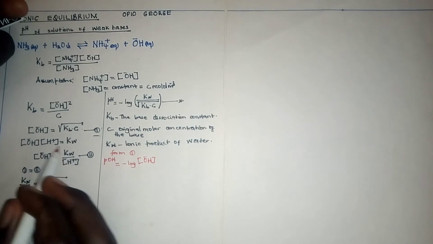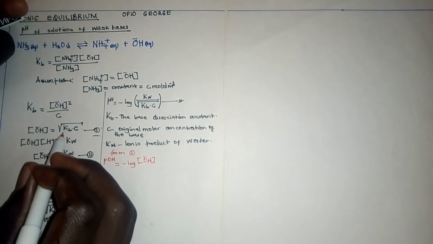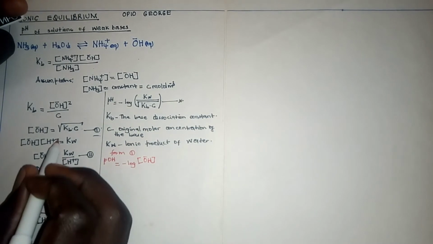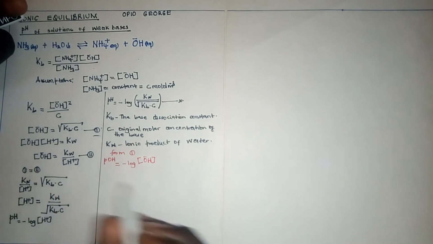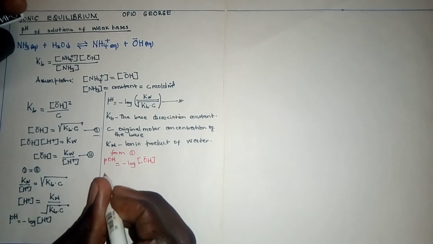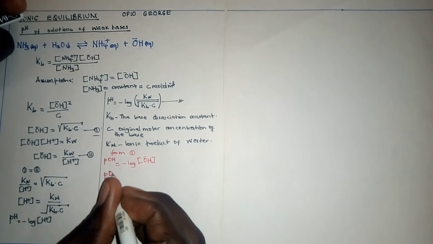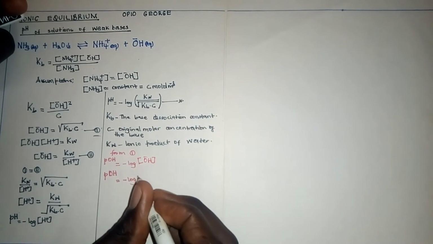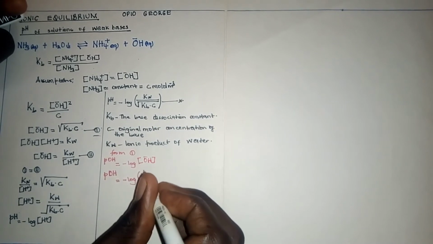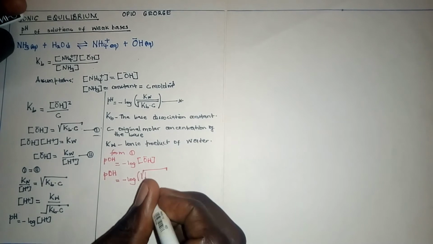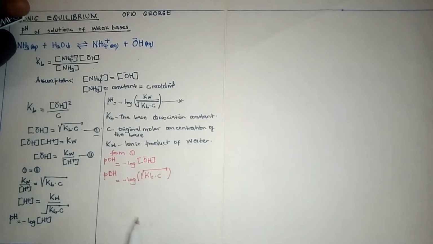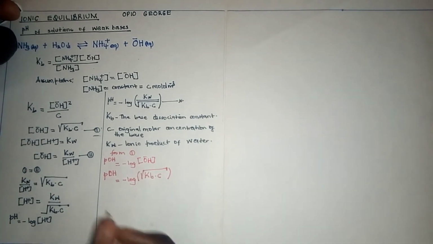And the molar concentration of hydroxyl ion has been expressed as the square root of Kb times C. So what you want to do next is to substitute for molar concentration of hydroxyl ion, so that our pOH is given by negative log the square root of Kb times C.